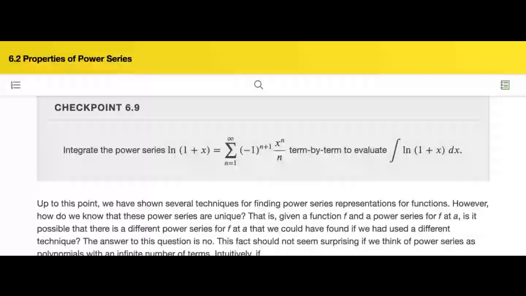Negative 1 raised to n, x raised to n over n minus 1 times n. Yes, very close. You won't be able to write down the summation sign in the chat, so let's go to the whiteboard to do this.